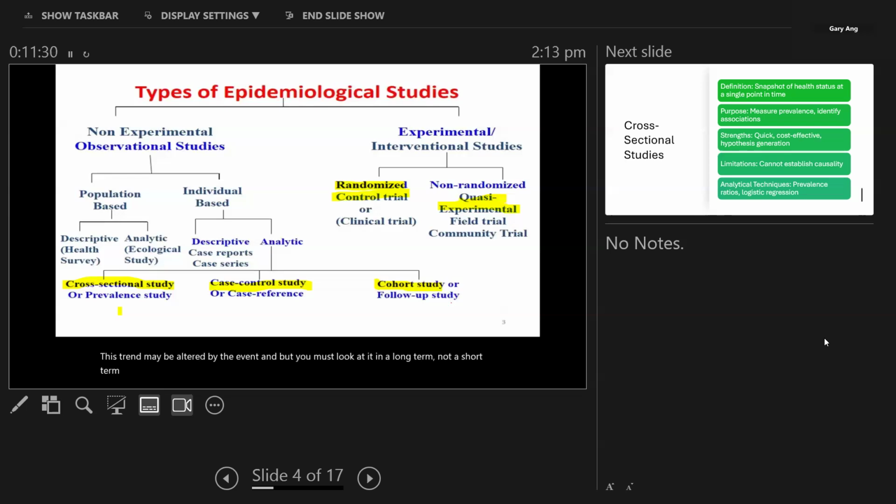Maybe this is an upward trend, for example a trend of obesity, and they have a Health Promotion Board campaign, and then the trend for obesity drops to a different level. Even after the event you can still see an increase, but the rate of increase may have slowed down. Then you attribute this to the effect of the intervention, which is the Health Promotion Board campaign. So this is what I mean by interrupted time series.